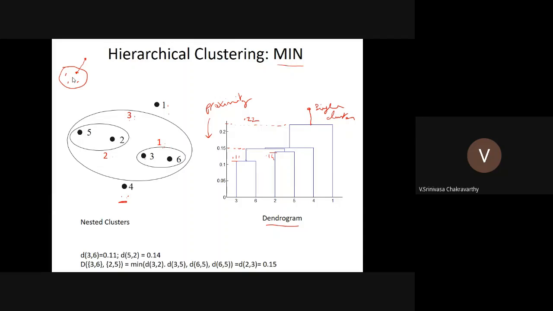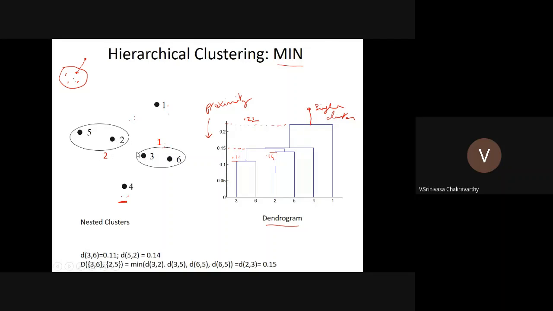Now let us look at distances from the cluster 1 point of view. There are only 4 entities now: 2 clusters and 2 data points. The distance between cluster 1 and cluster 2 is nothing but the distance between data points 2 and 3, because this is the closest pair.